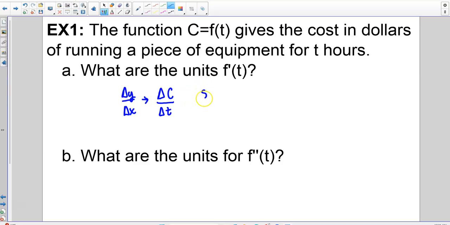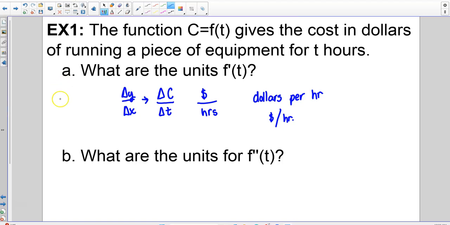So we got dollars, and then what are our units for t? Hours. So that is dollars per hour is another way you could say it, or you could say dollars per hour. They'll accept multiple types of notation there, but dollars per hour is what we're looking at.